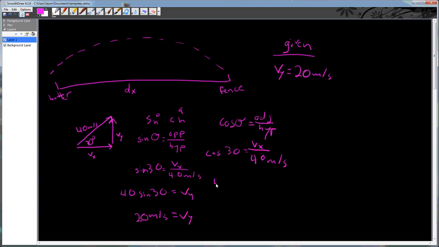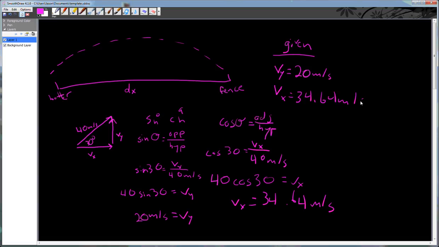Multiplied by 40, Vx is 40 cosine 30. Vx is equal to 34.64 meters a second.